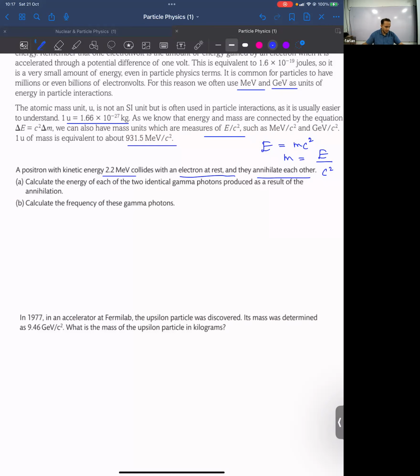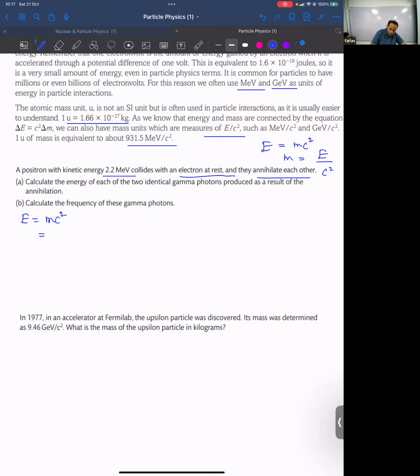Originally, before the annihilation, the positron had a kinetic energy of 2.2 mega electron volts. That energy will be converted to gamma ray photon energy. Plus, this positron and the electron had mass, right? That mass will be converted to energy as well. So the total energy in the picture is going to be E, if I use E equals mc square.